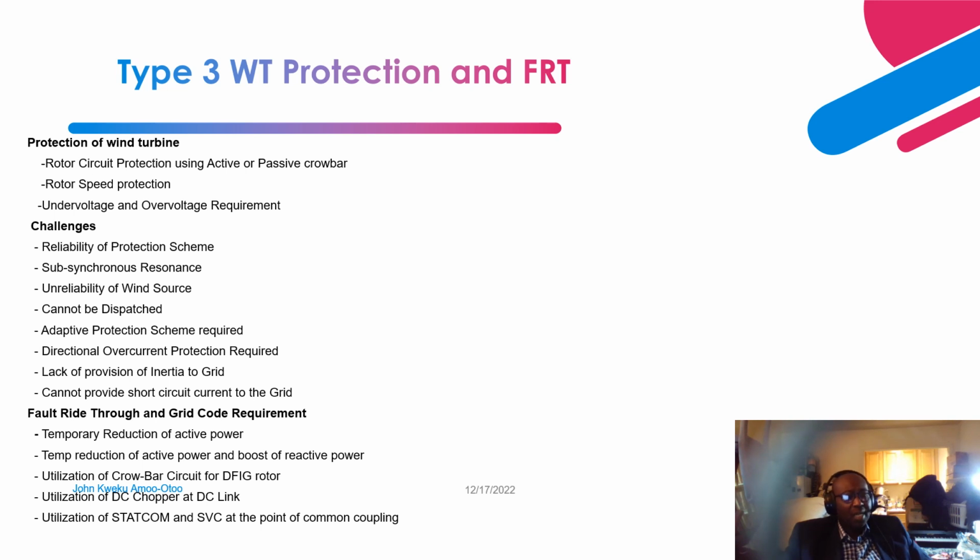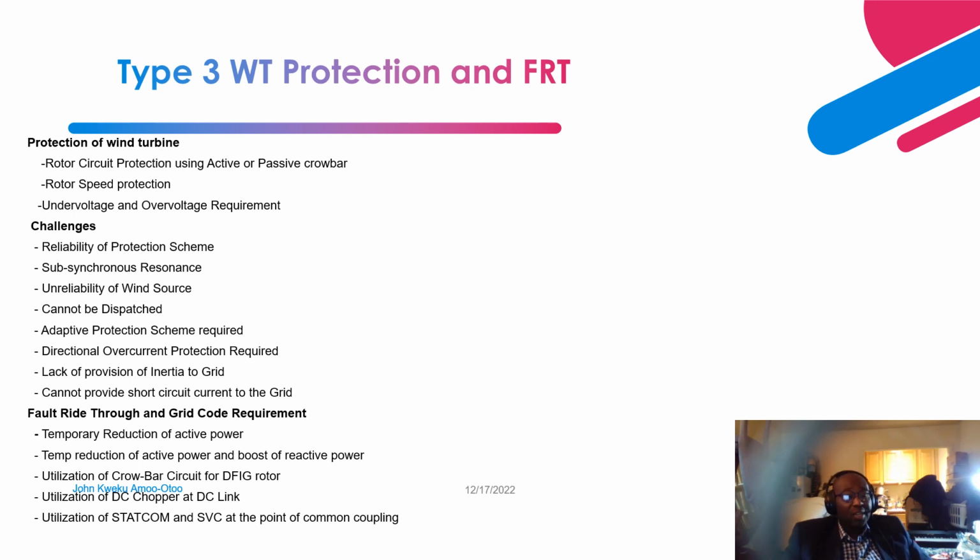On the other hand, if it is connected in an island mode, the short circuit current decreases. It is about 2 to 5 times. As such, it requires an adaptive protection scheme to be implemented. That basically provides the protection scheme for the wind farm when it is operating in island mode, and similarly when it is connected to the grid.